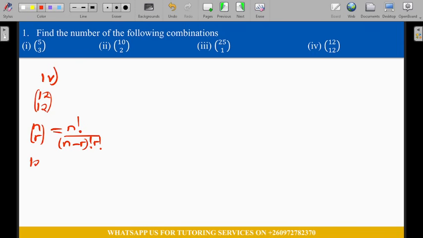So for 12 combine 12, n is 12, then factorial over n, that's 12, minus r, which is also 12, then factorial, then 12 factorial.